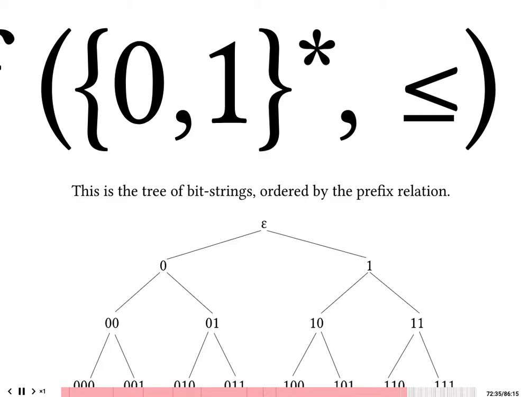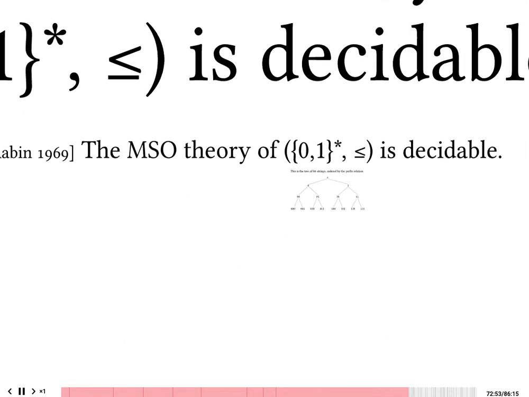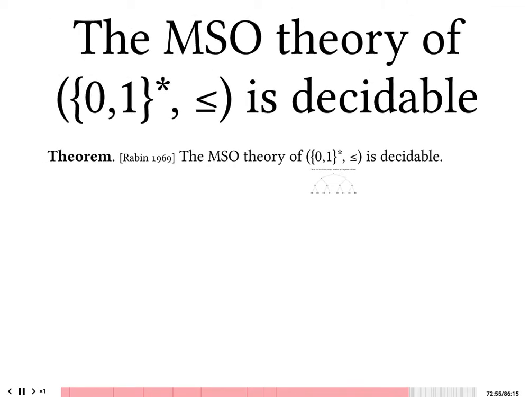It will not necessarily coincide with 0 and 1, but that's not important. Anyway, this is the structure of the infinite tree. I would call it the Rabin tree: it has a root, every node has two children, and it is ordered by the prefix order. And what Rabin proved is that the MSO theory of this structure is also decidable.